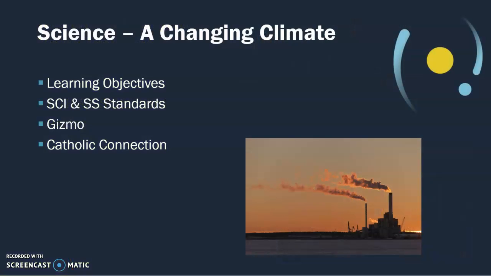All right, so the third lesson in the sequence is our science lesson, and it's focusing on how pollution and weathering can affect your community. So in this lesson, we would begin by students actually exploring the Gizmo, which we'll talk more about shortly.